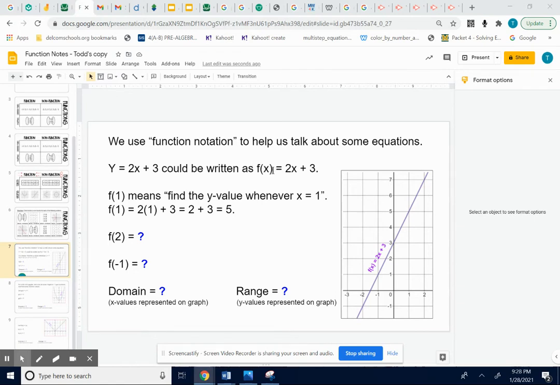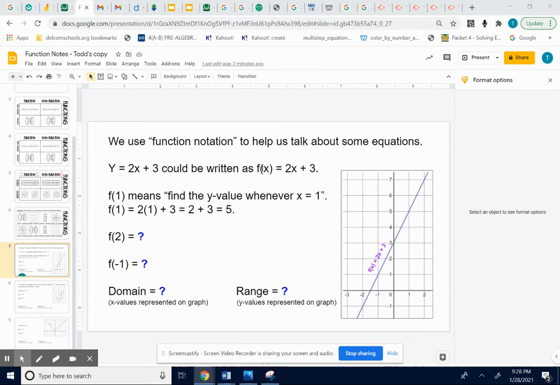So we could say f of x equals 2x plus 3. It's really the same thing, but in a different situation, you may want to have f of x instead of y sitting there. F of x just tells you it is a function.